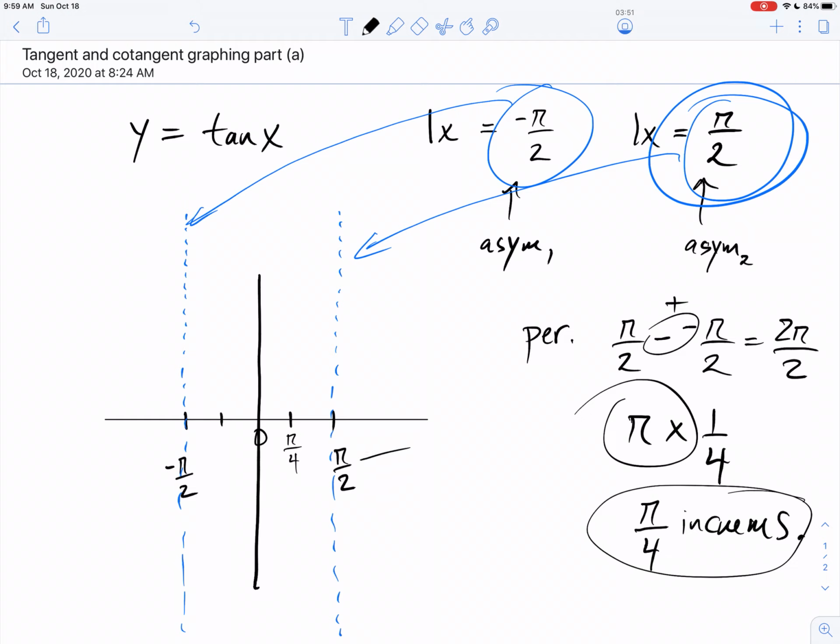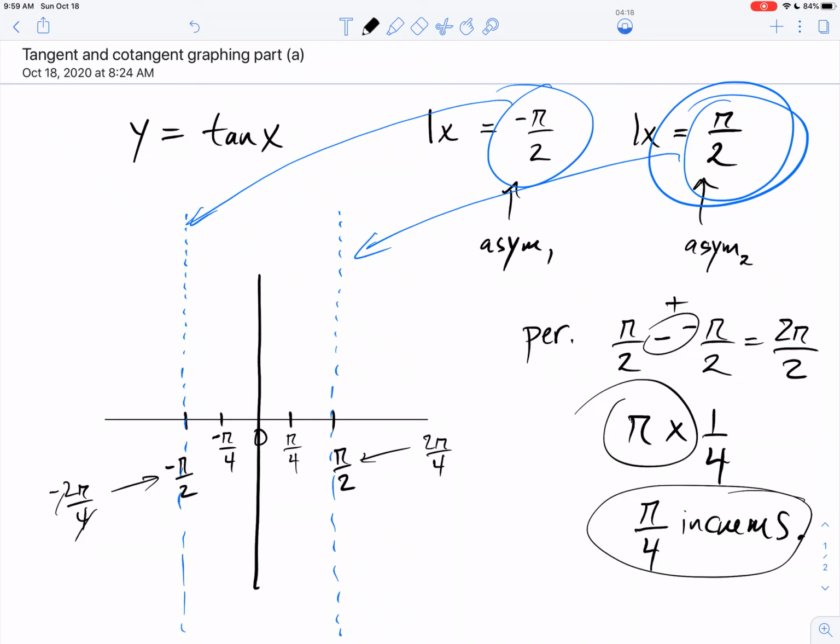This would be 2 pi fourths, but I reduce it. I call it pi over 2. This would be negative pi fourths. This would be negative 2 pi fourths, but I would have reduced it. So what I'm trying to get at is this. Tangent gets graphed in its own unique way.